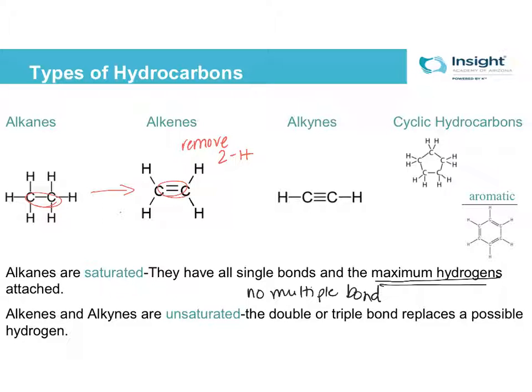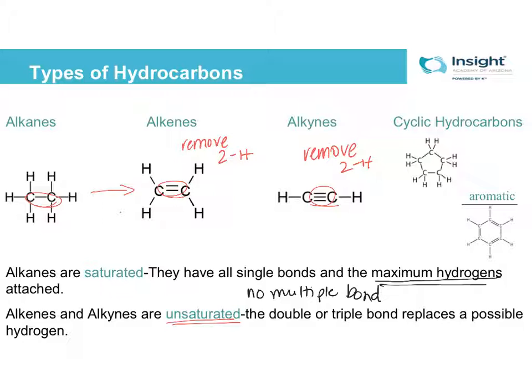And if you go to an alkyne, which has a triple bond in there, you have to remove 2 more, or 4 total from that original alkane to get the triple bond. So as things have double or triple bonds, we call them unsaturated because there's room for more hydrogens there. They just have been replaced by an extra bond between the carbons.